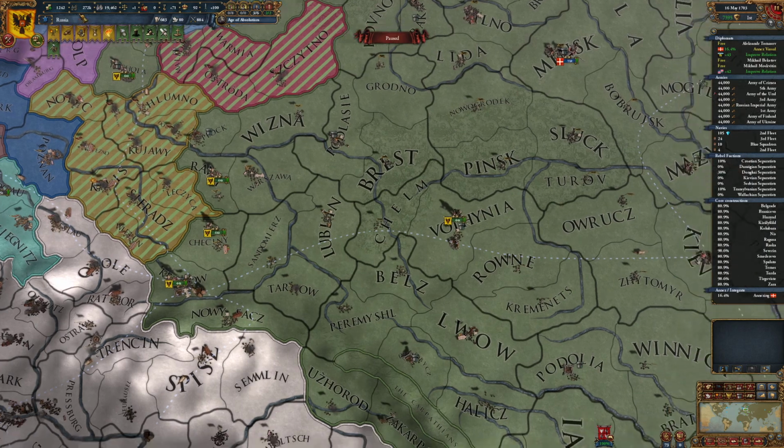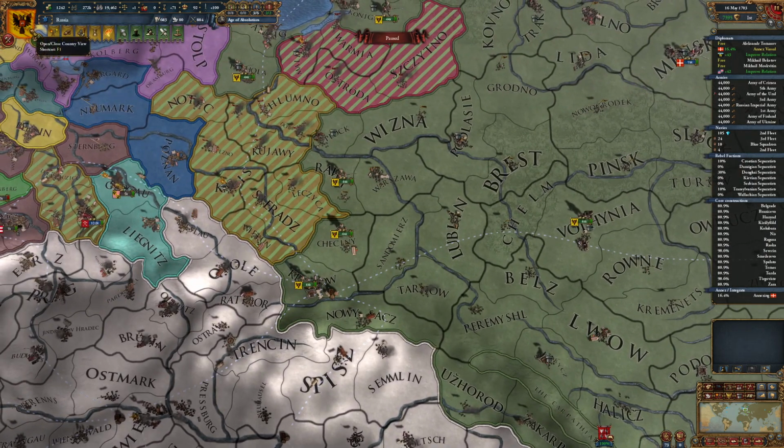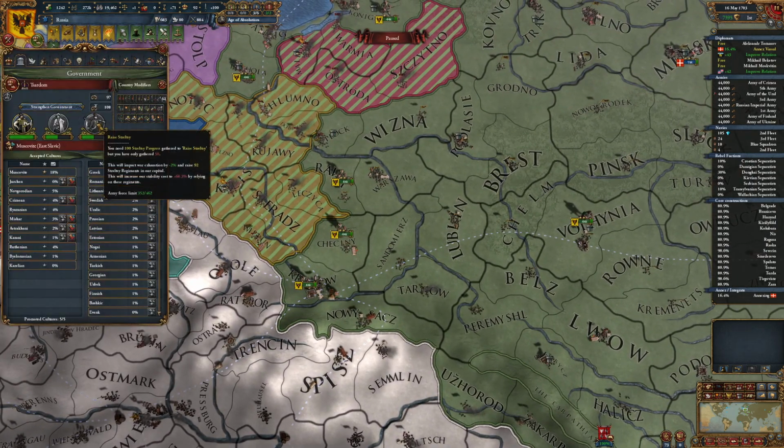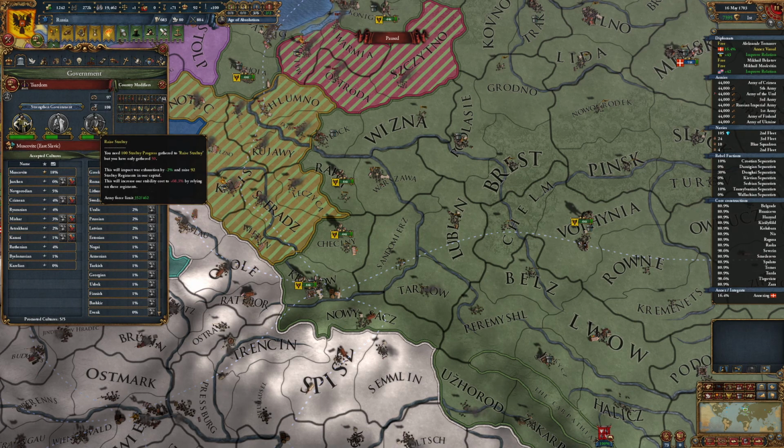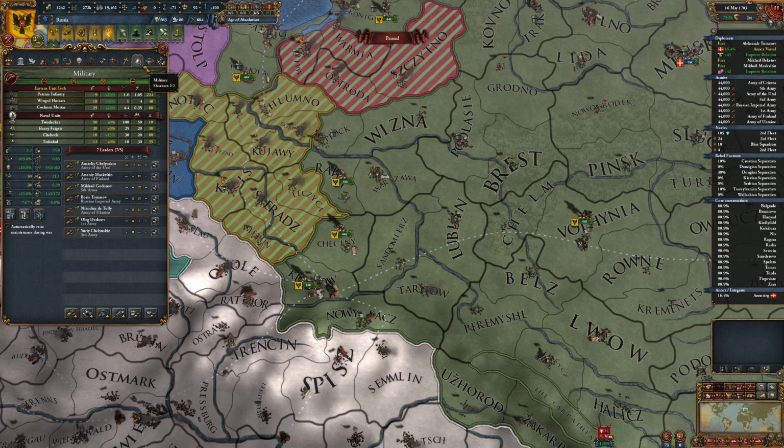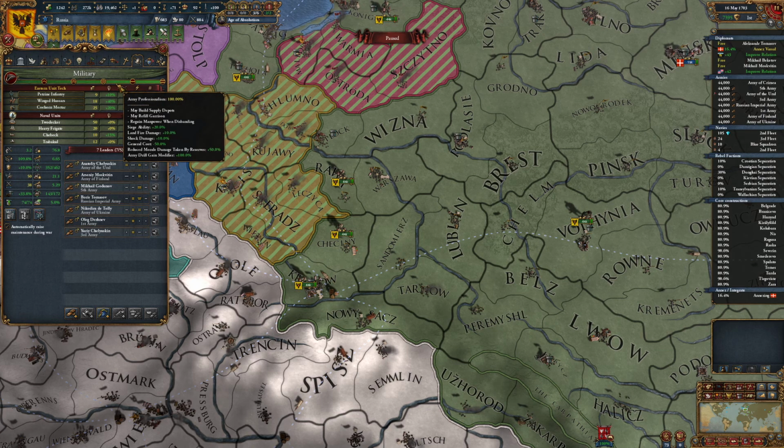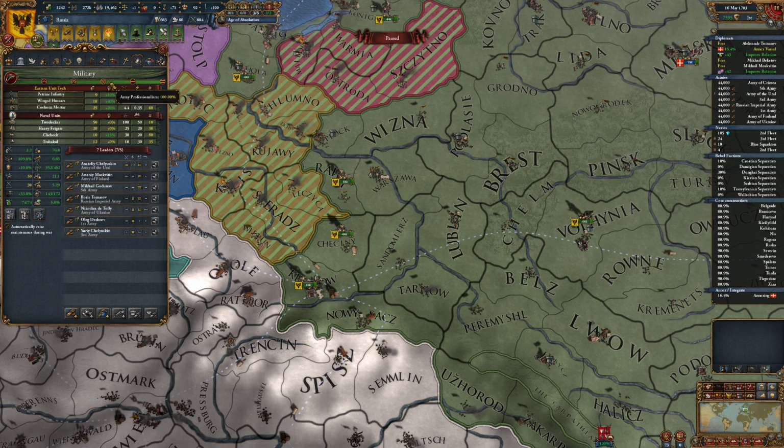That's also a thing you can do with the Streltsy as Russia, is just take the Streltsy and then disband it. Now that requires you to have 60% army professionalism to gain that benefit, because you need 60 army professionalism to actually get the regain manpower when disbanding.